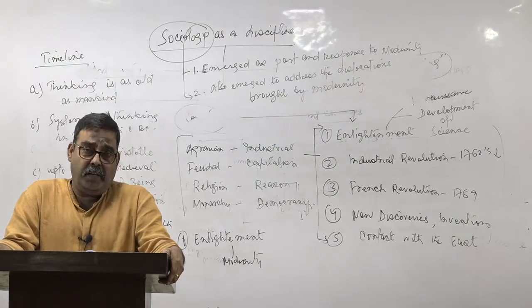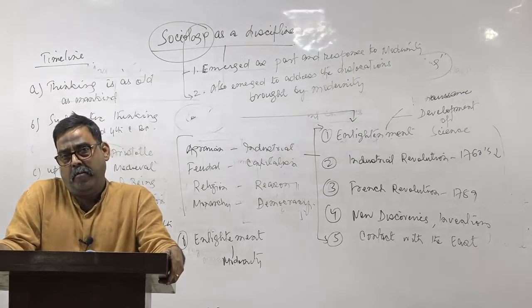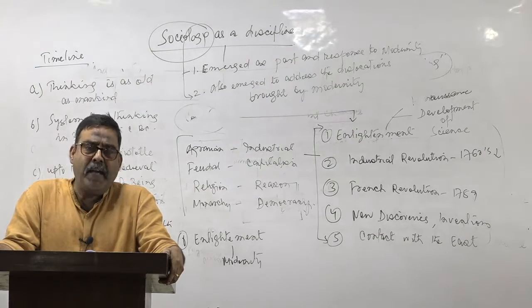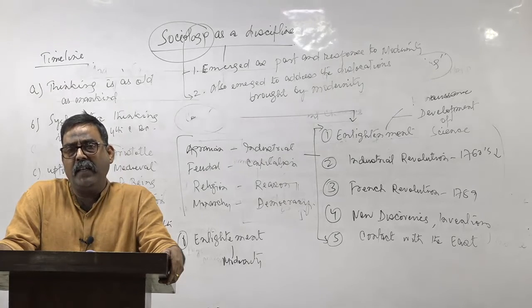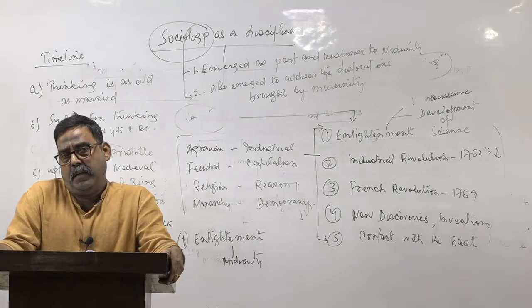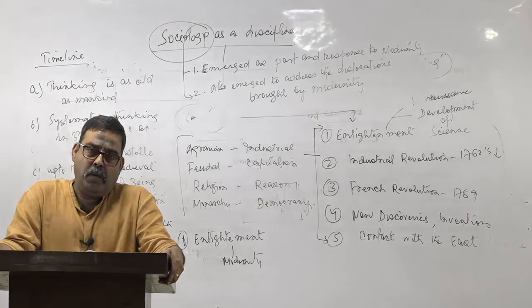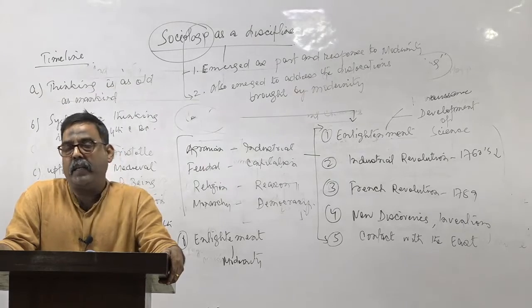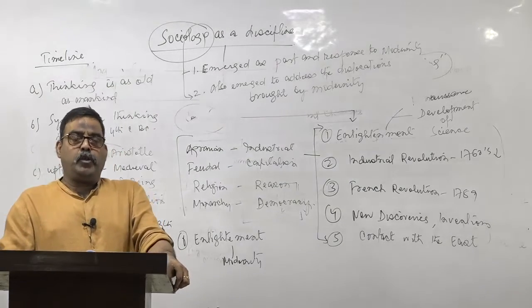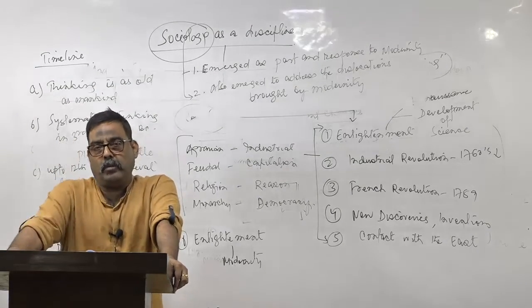Once again I am repeating the line, that sociology emerged on the premise that as the natural scientists are discovering natural laws to understand natural phenomena, the sociologists would strive to discover social laws, to study social phenomena scientifically, akin to the natural sciences.